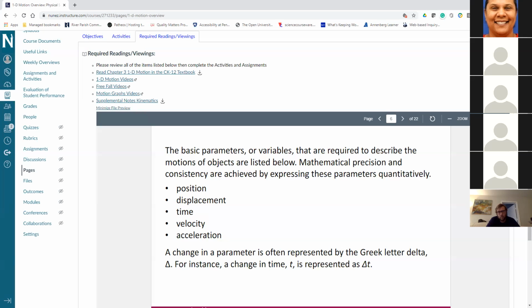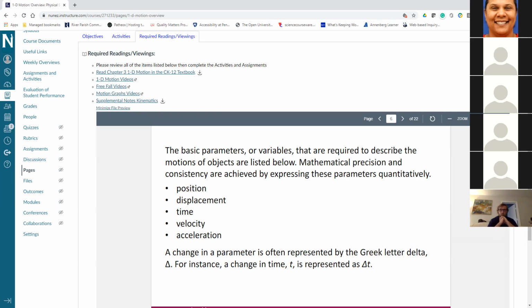Those are all examples of properties of our moving object. So position, for example, tells us where our object is located. We can measure that. Displacement, we'll see the definition here in just a moment, helps us to understand how the object is moving in reference to where it started. And that can be measured.